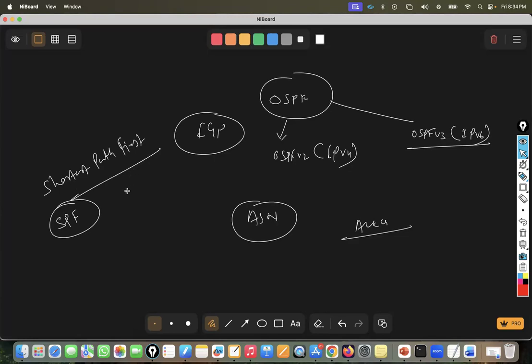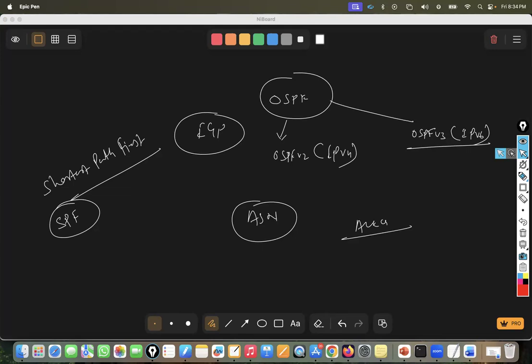And by using this algorithm, it calculates the best path and the cost when multiple paths are there. In EIGRP, the metric was a composite metric. But here, the metric is not composite. It uses cost, and cost is the metric that depends on your links. I will show you later on how this cost is calculated. But the key concept is that whenever you calculate OSPF cost, your link speed plays a very vital role.